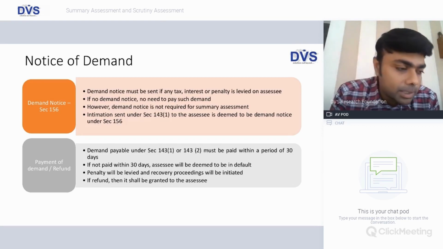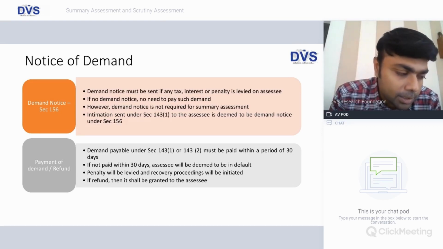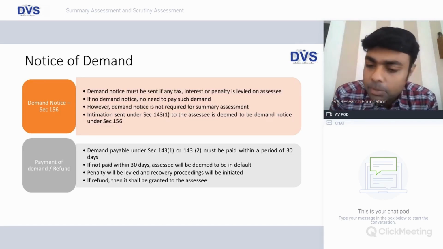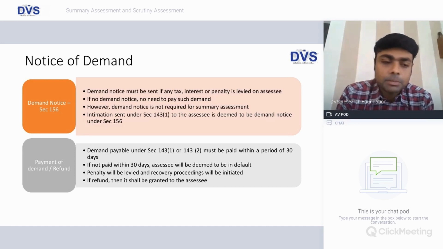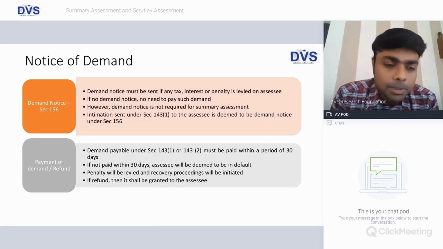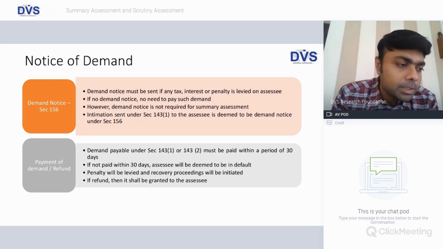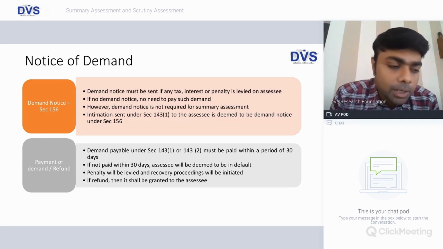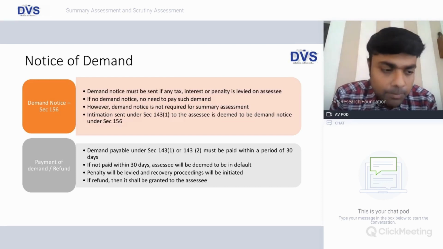So let's look at it this way, friends. A case has been picked up for scrutiny and a notice under 143.2 is issued within 6 months from the end of the financial year in which the return of income is filed. Then an assessment under 143.3 is concluded within 12 months from the end of the financial year in which the income was first assessable.